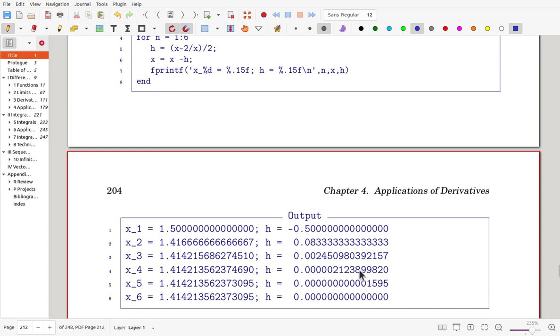So by checking the correction value, we can see the accuracy of the iterates.